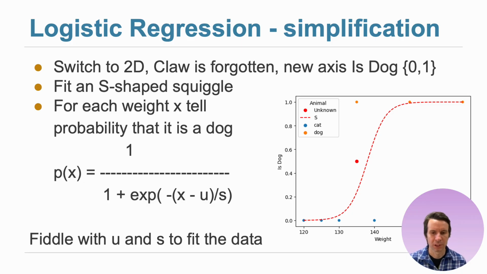The u parameter moves it left and right, and the s makes it tighter or less tight.